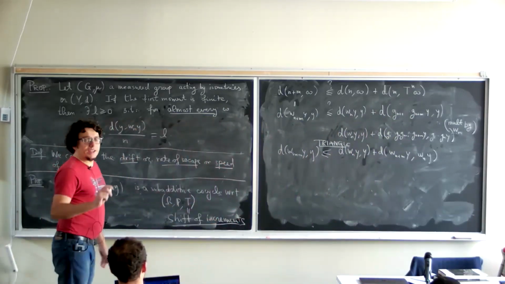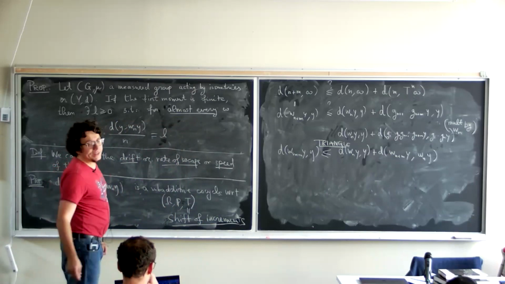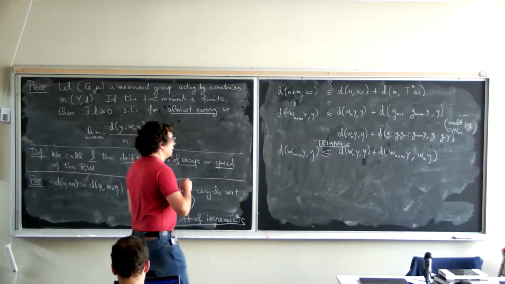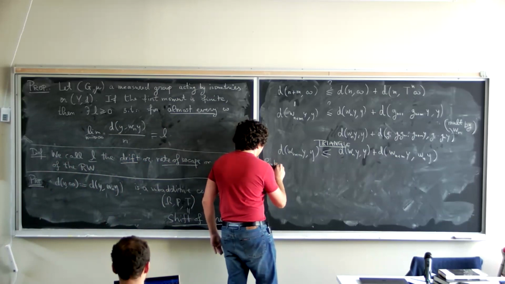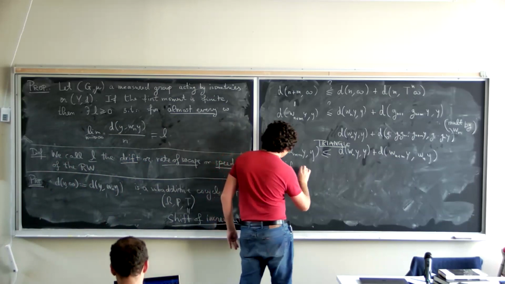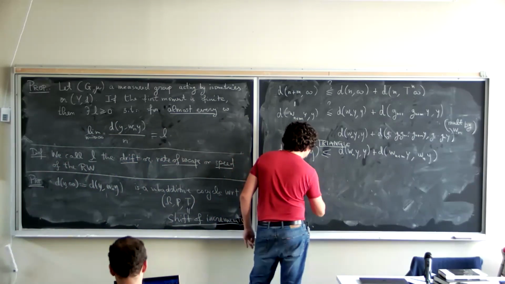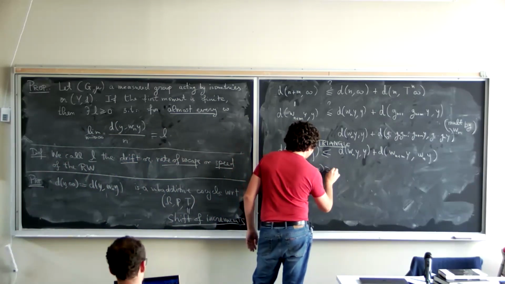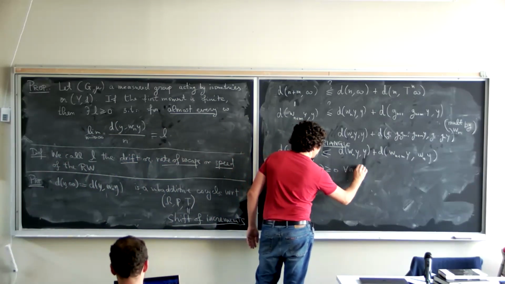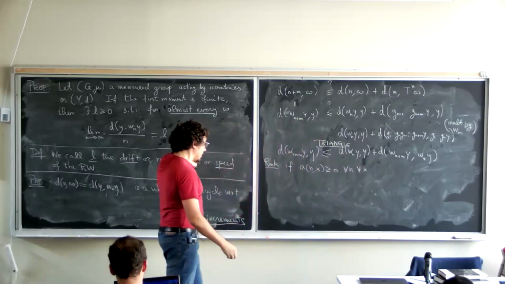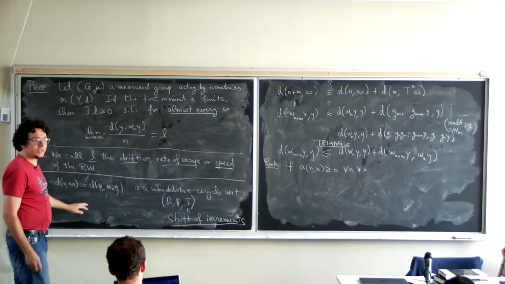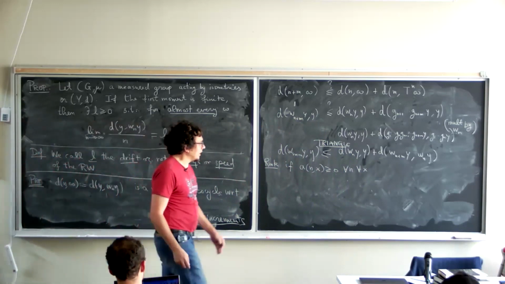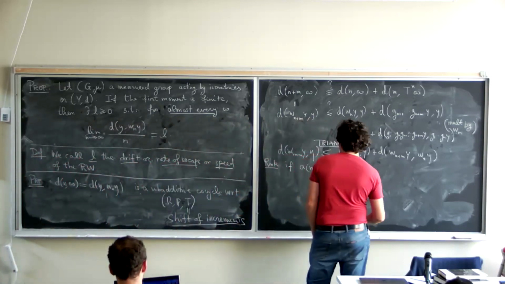Okay, the second thing is the subadditivity. By the way, let's remark on the other thing. Suppose the cost cycle is positive, so An(x) is positive for every n and for every x, which is the case for this drift, because distances are non-negative.